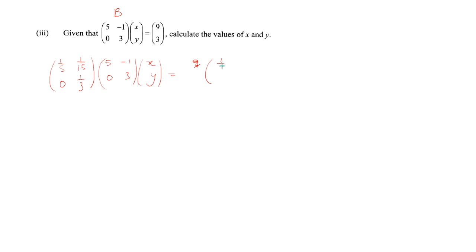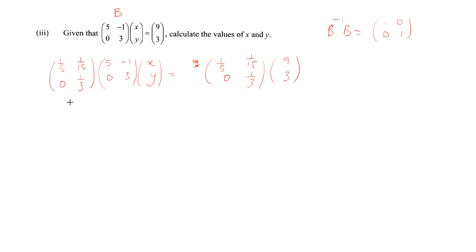I'm multiplying both sides by the inverse, and this is 9, 3. Whenever we have a matrix multiplying, in this case B inverse multiplied by B will give us the identity matrix, which is 1, 0, 0, 1.